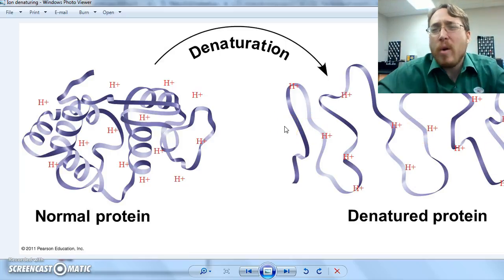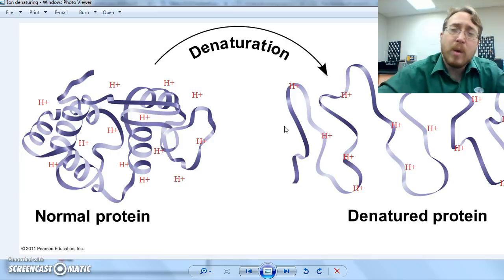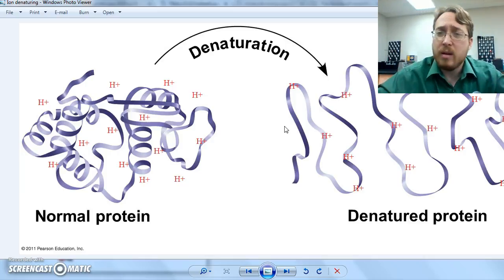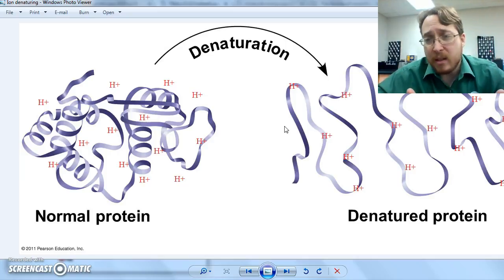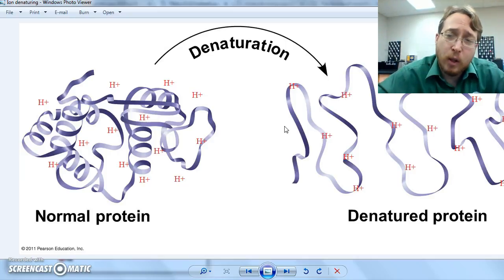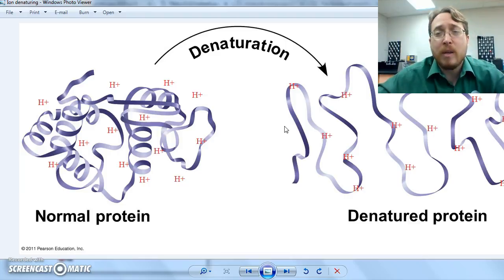So what is going to increase ions in the environment? Two things, really. One, pH. pH, acidity, basicness of the environment. If you have a very low pH, that means you have a lot of hydrogen ions in that environment. If you have a very high pH, that means you have probably a lot of hydroxide ions in that environment. Hydroxide is negatively charged, and it doesn't really matter if these ions are positive or negatively charged.